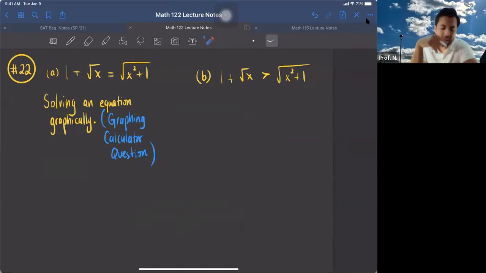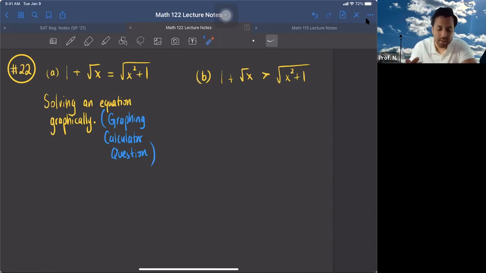So the problem is that a lot of these equations get really complicated the moment you plug in these radical symbols. So there's no real nice algebraic formula for it. There's no square root formula to solve for this, right?